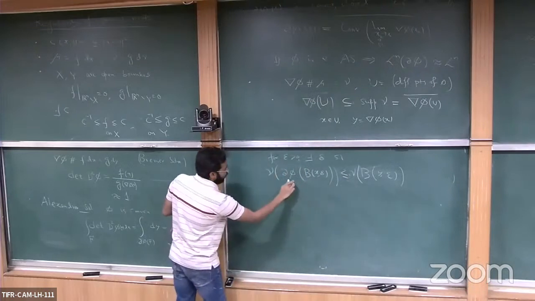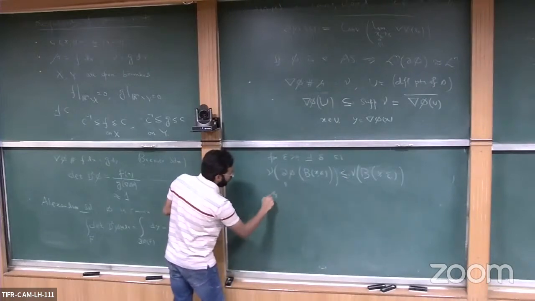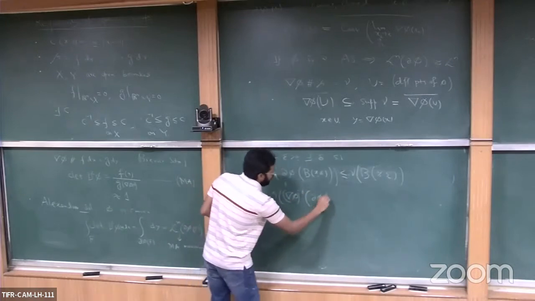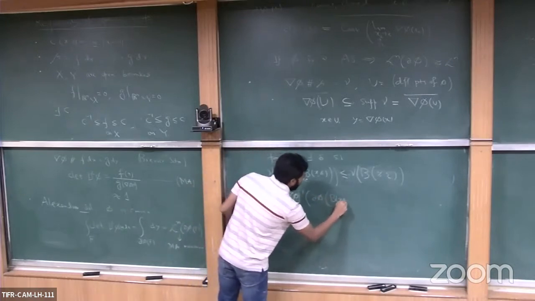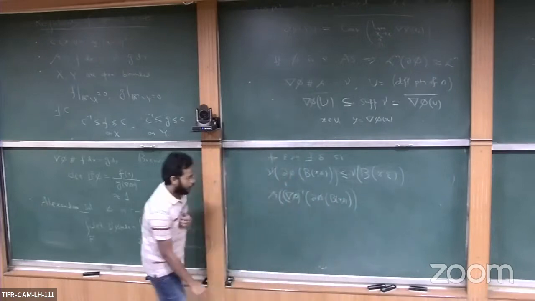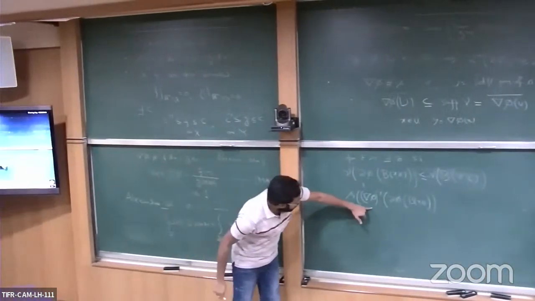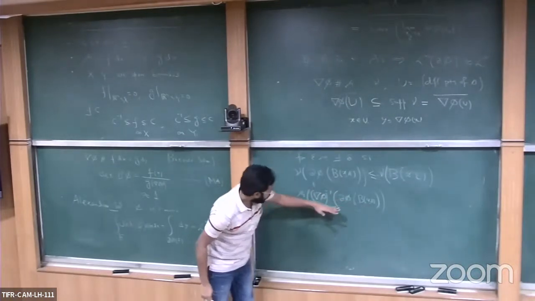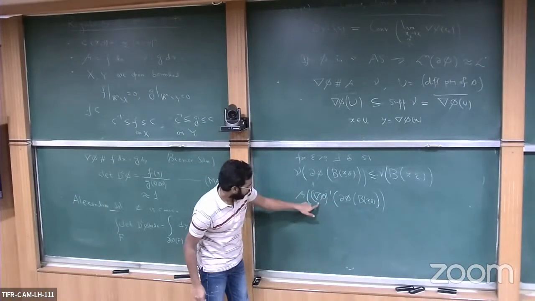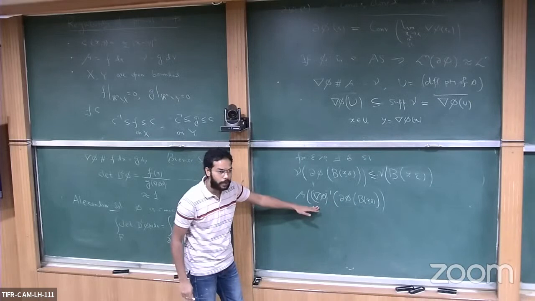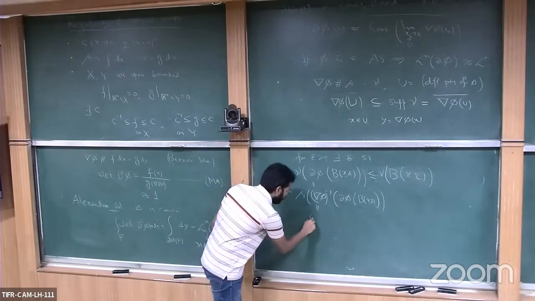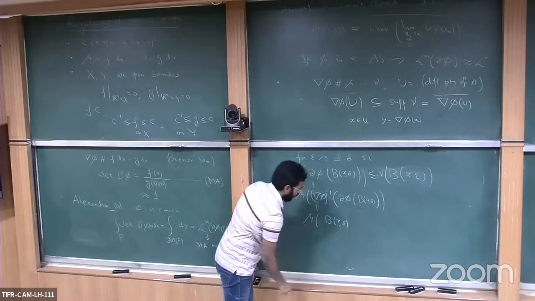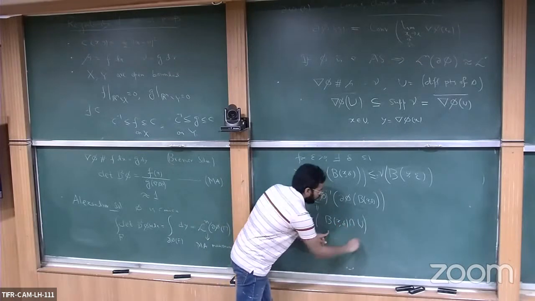Now this quantity, by definition, is ν of the subdifferential, and therefore these are all the points where it is actually differentiable, right? So this is basically μ of B delta intersected with the points of differentiability.